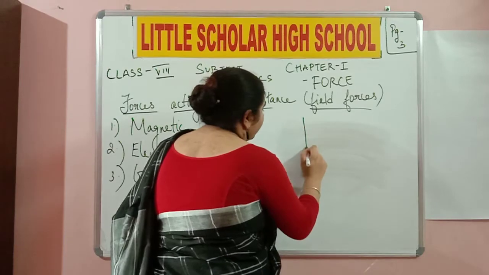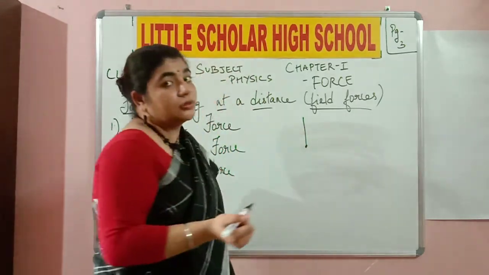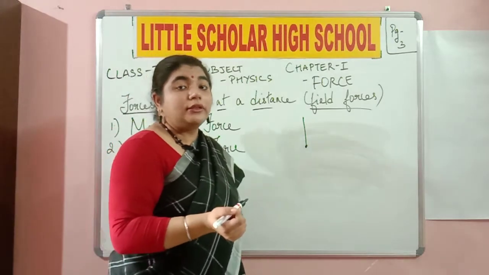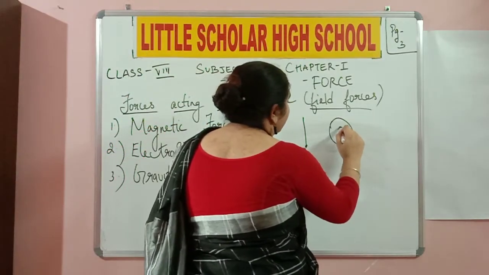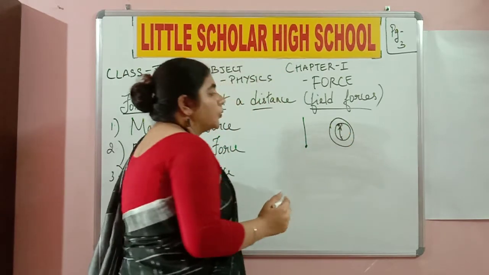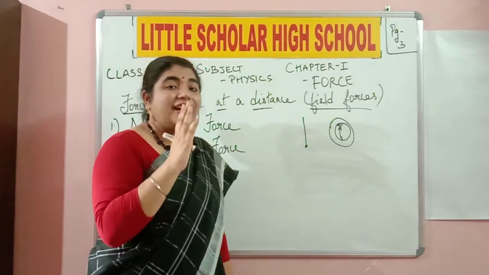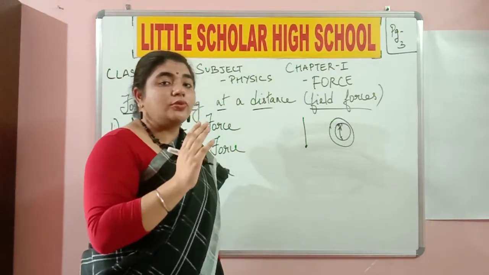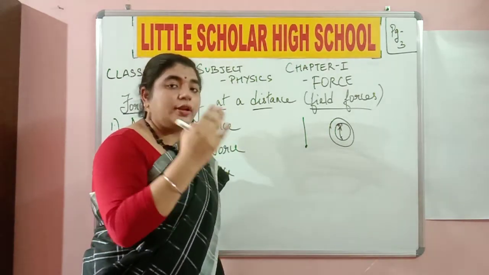I will take the help of a compass. The compass is going to tell me which one is the North Pole and South Pole. I place the compass near the needle, and once the compass aligns properly, I will come to know which pole of the needle is the North Pole and which is the South Pole.